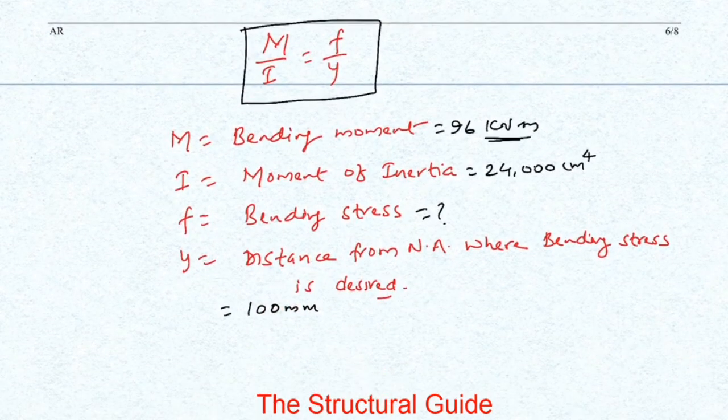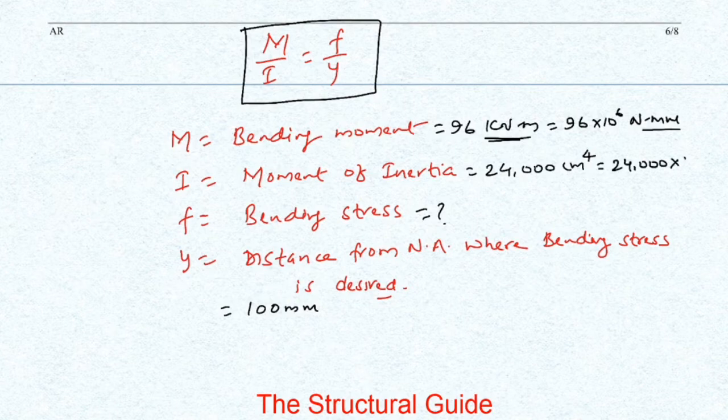So look at the bending moment, it is given in kilonewton meter, so I am going to convert it into 96 into 10 to the power 6 Newton mm. Similarly, moment of inertia, again I am going to convert it into mm, so 24,000 into 10 to the power 4 mm to the power 4, and the distance is already given in mm.